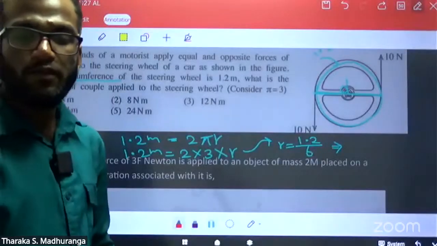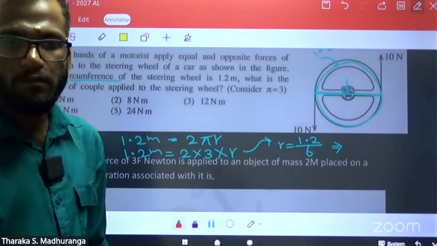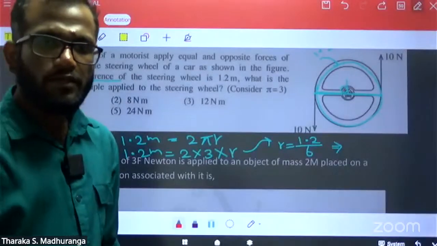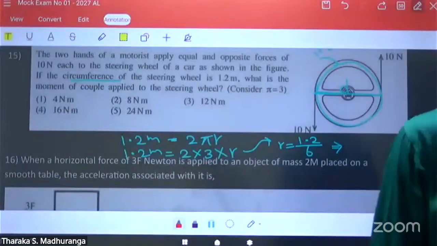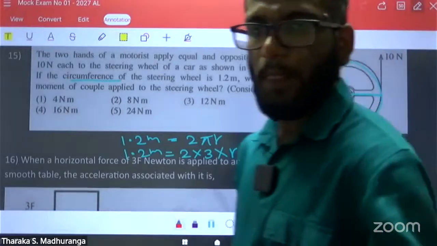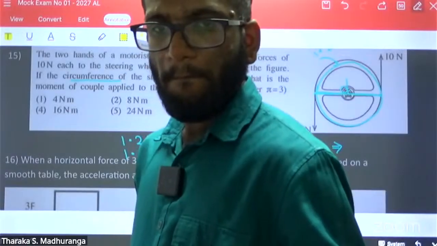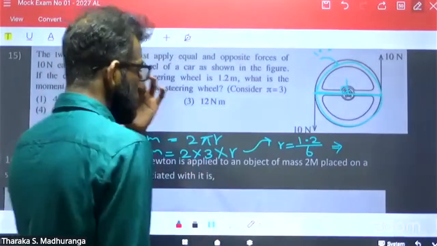The radius of the steering wheel? Yes, a lot of answers: 0.2 meter.